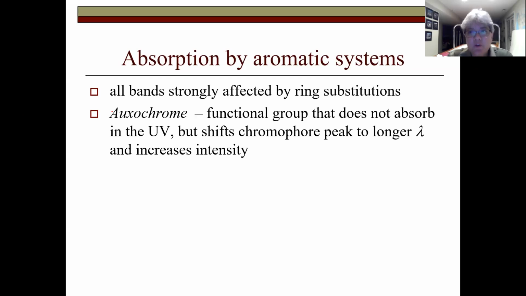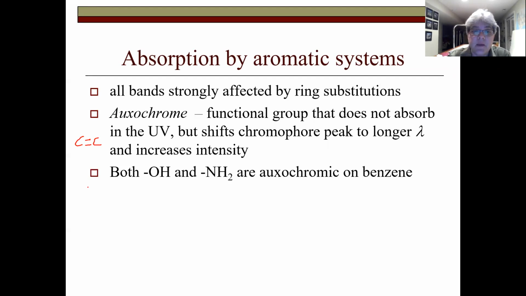So there's another term they use. It's called an auxochrome. So this is a functional group that does not absorb, but it affects the absorption of the chromophore. So remember, the chromophore here for these benzene rings are those carbon-carbon bonds. But when we put something on the benzene ring, it's going to affect the absorption of that carbon-carbon bond.